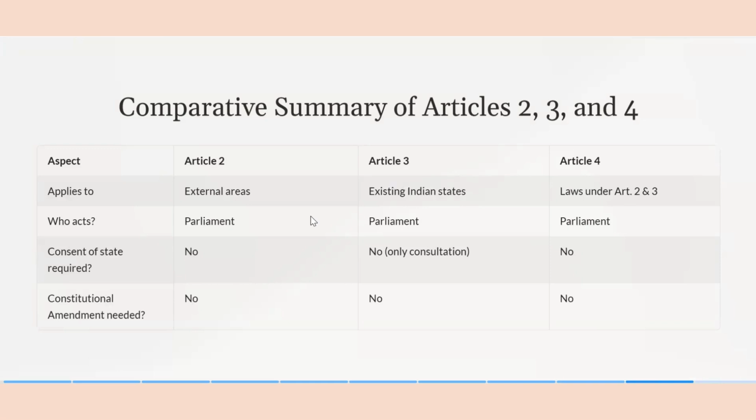In all three articles, Parliament alone has the power to legislate for these purposes. Consent of the state is not required in any case, whether it's Article 2, 3, or 4. They are only sent for consultation, and that is not binding. Constitutional amendment needed? No, no, no.